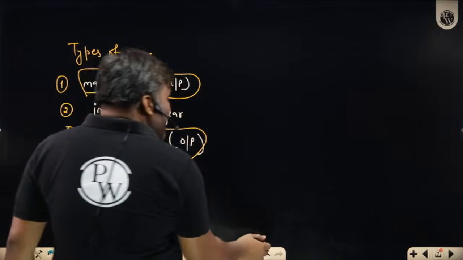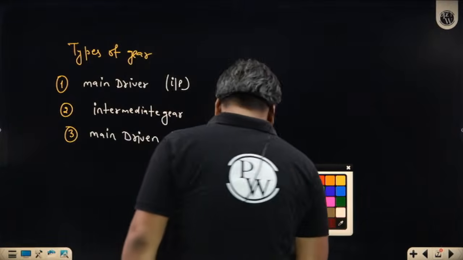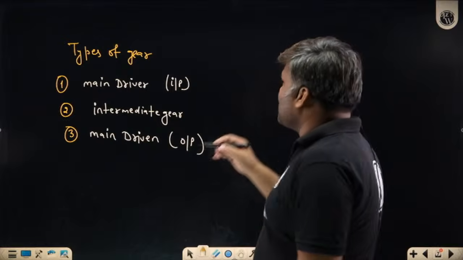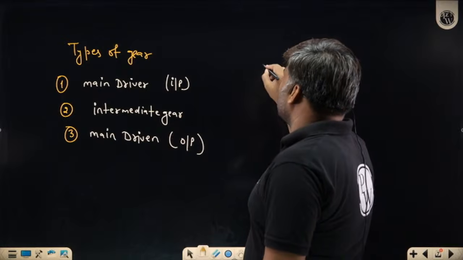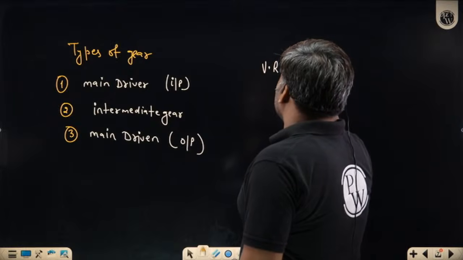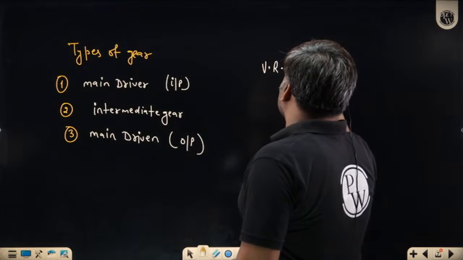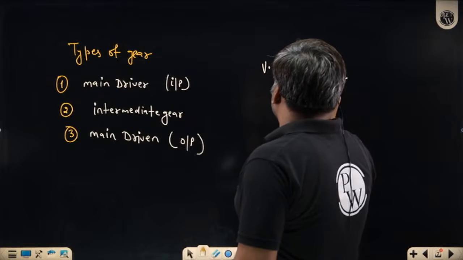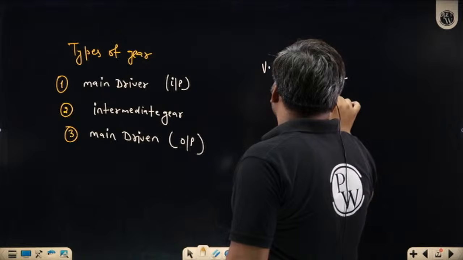And how my gear train is behaving, how it is working, to check the performance, I have defined a parameter which is called as, again, gear train mein velocity ratio. How it is defined? It is defined as the ratio of angular speed of the main driver. Driver ko I am writing main DVR, matlab driver. Angular speed of the main driven body.